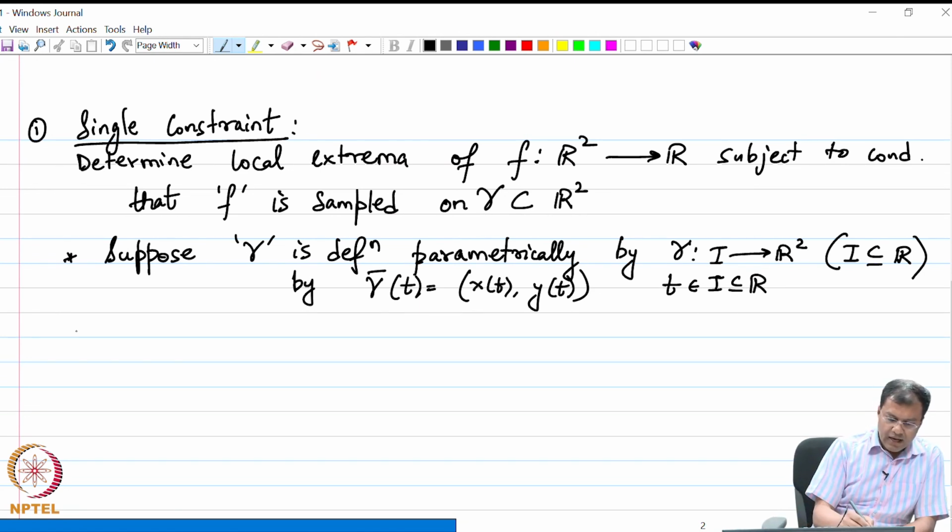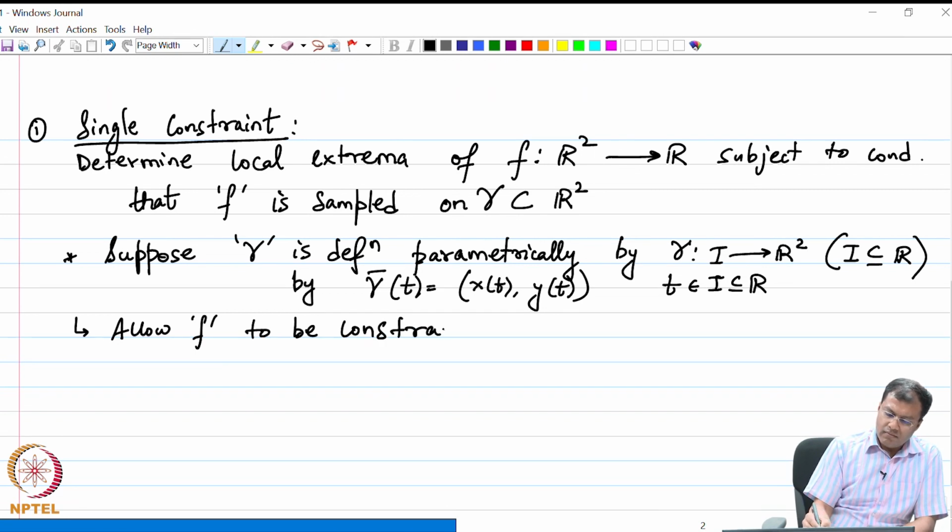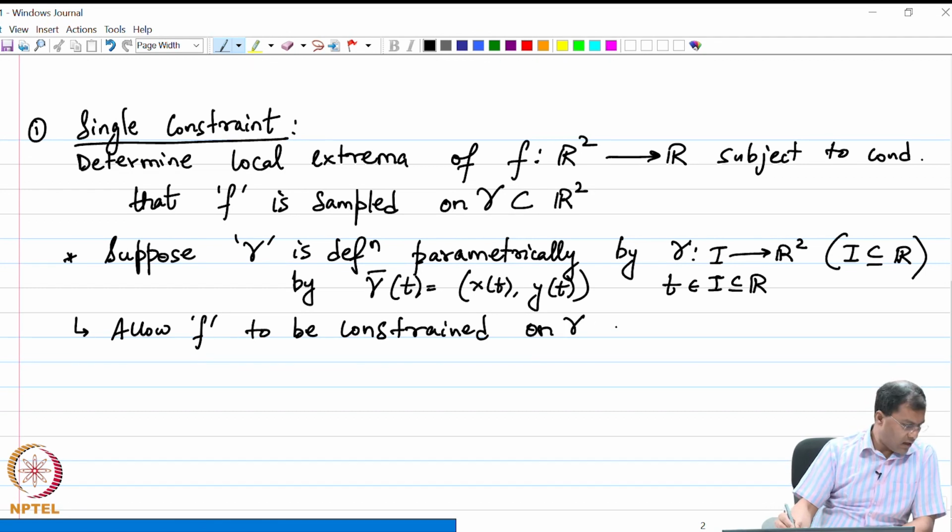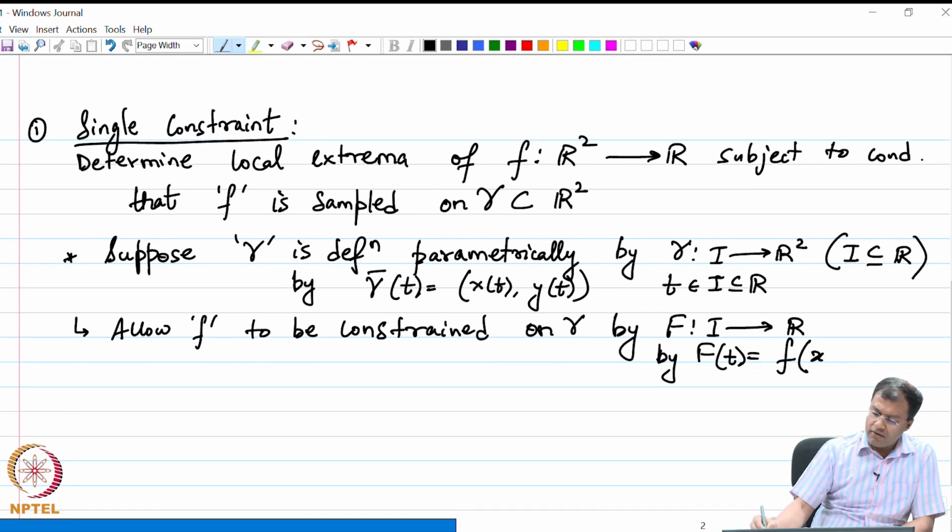In this problem we allow f, our objective function from R2 to R, to be constrained on gamma by the following function capital F from I to R, by the function F of t equal to small f of x of t, y of t.